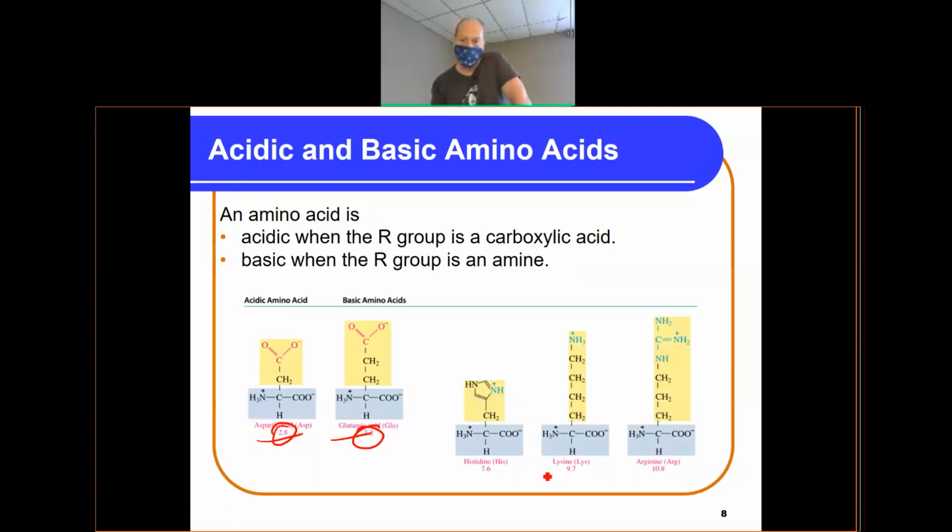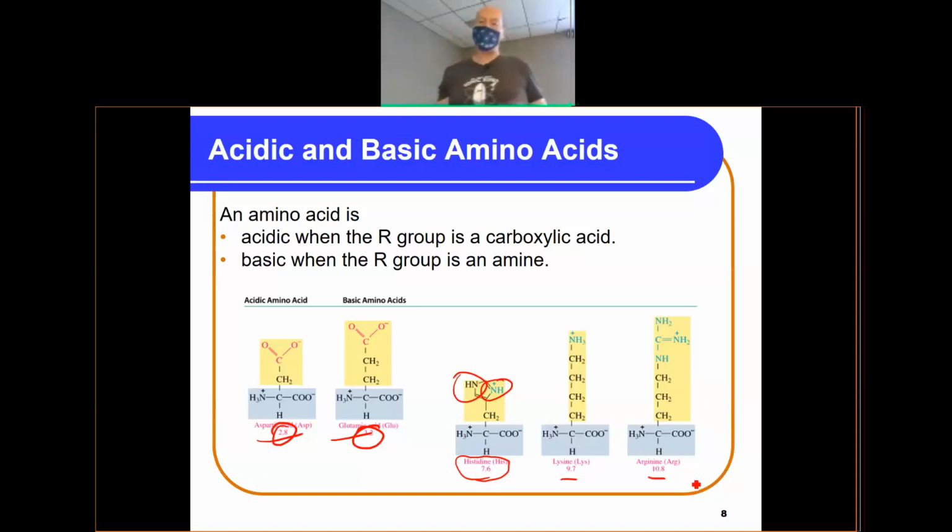All right, and then your 3 basic amino acids. This one has 2 nitrogens. Actually, one of those is not basic at all, but the other one is. One is part of the pi system, making it aromatic. The other one has the electron pair to attack a hydrogen. And so again, the pH is not much greater than 6, but it is greater than 7. This is a 7.6, this is a 9.7, this is a 10.8.